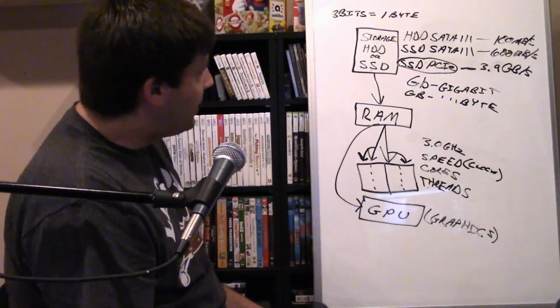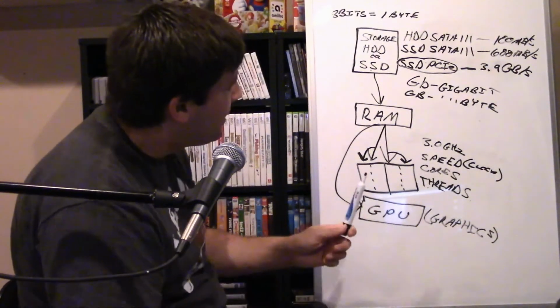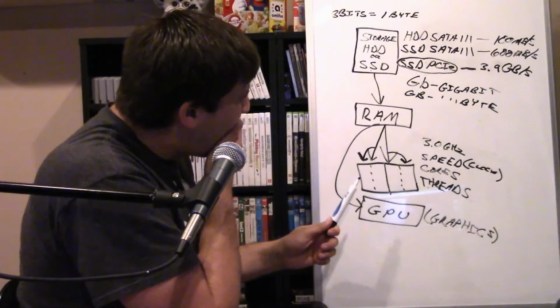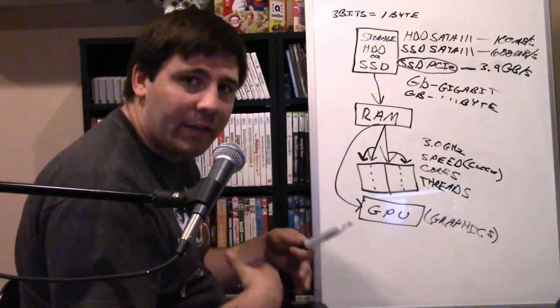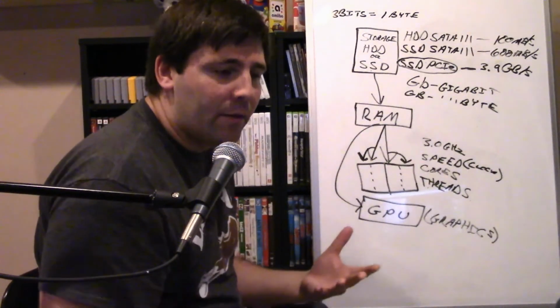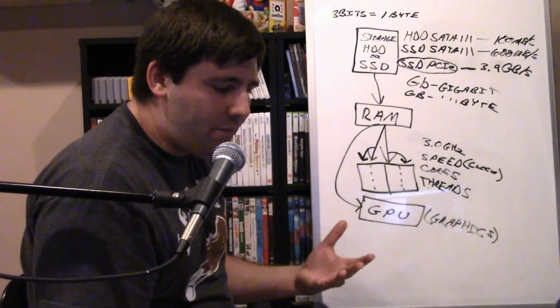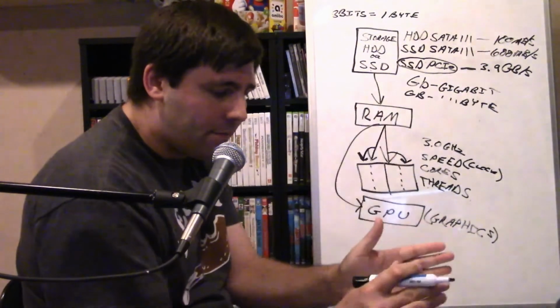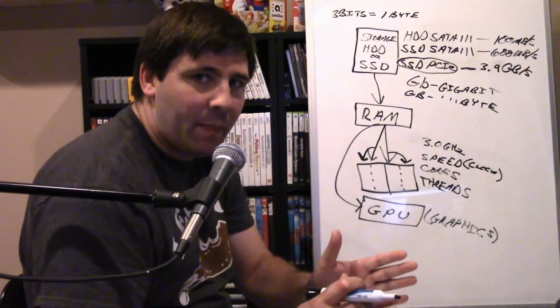Let's go down to the GPU. So like I said earlier, the GPU will handle all things that you see on the screen. It renders all of the video, especially if you're playing a video game. What's happening is every frame has to be rendered in real time.